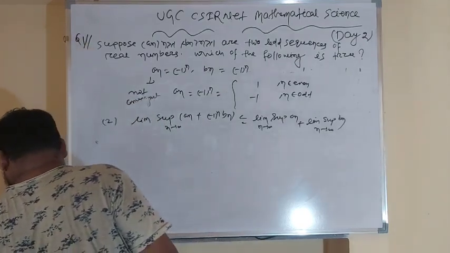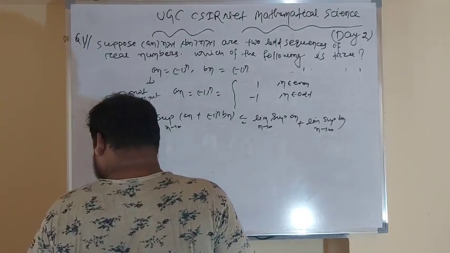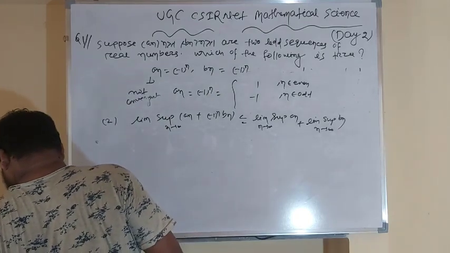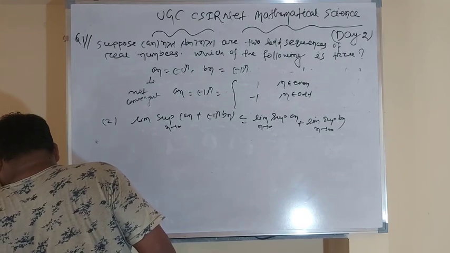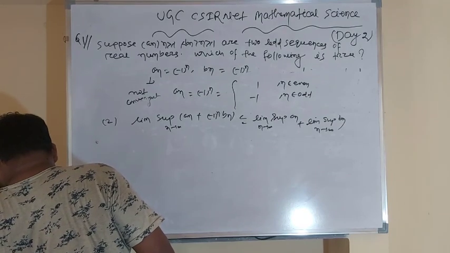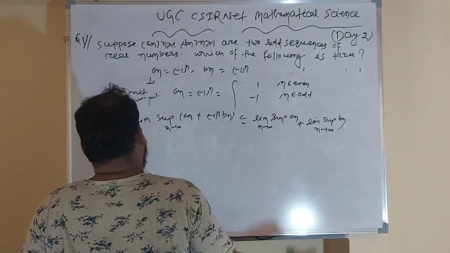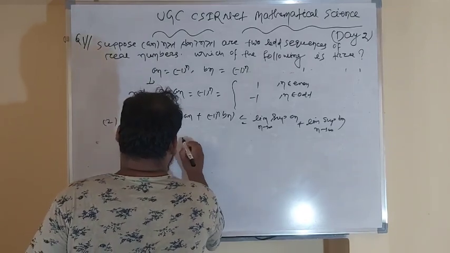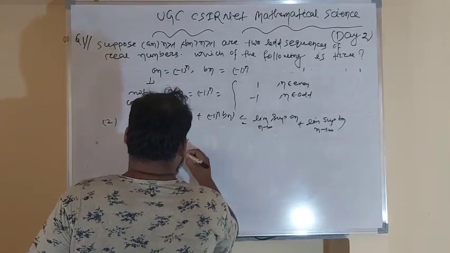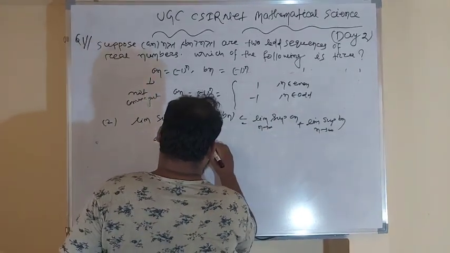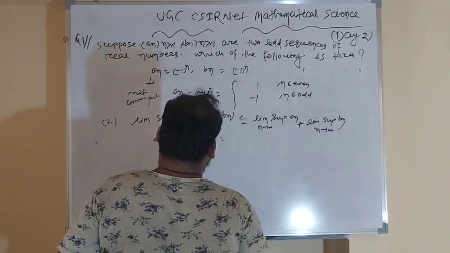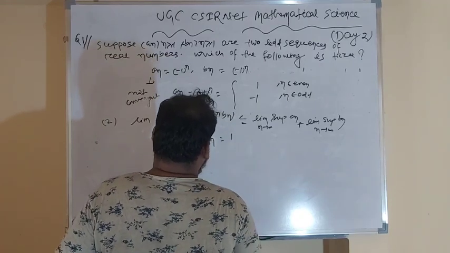Suppose any sequence. Suppose a_n is 1, any constant sequence, and minus 1 to the n times b_n. Is it possible? b_n, suppose the sequence is any constant sequence.